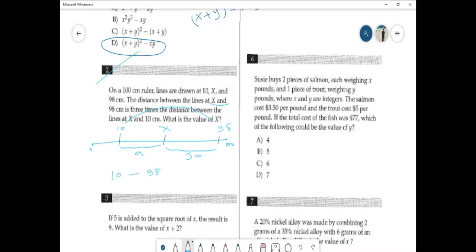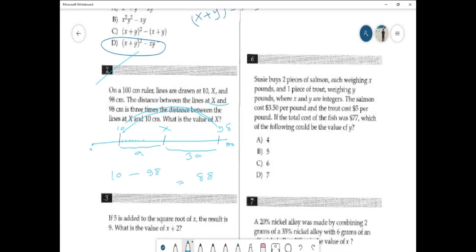I subtract them, and it will be 88. If I count this, it will be 88.